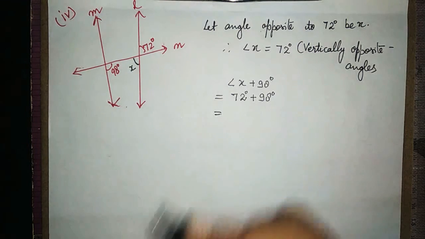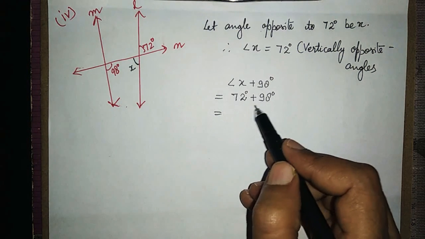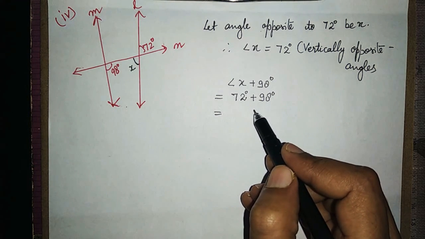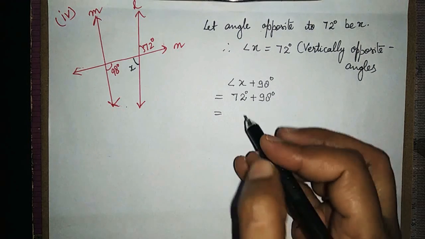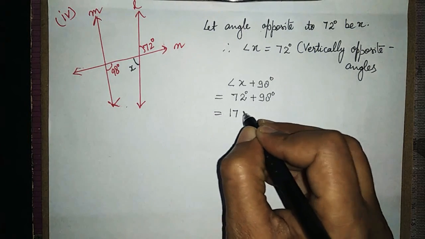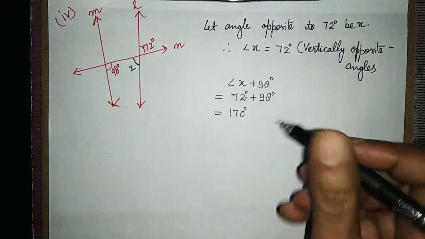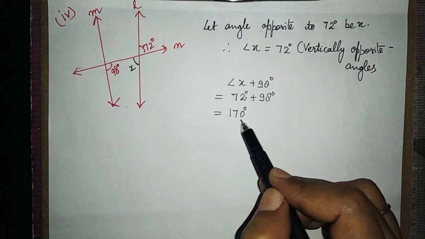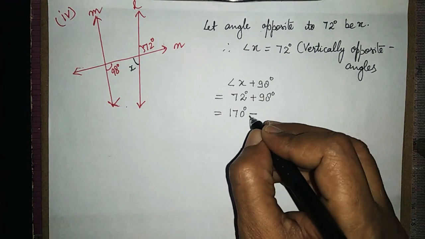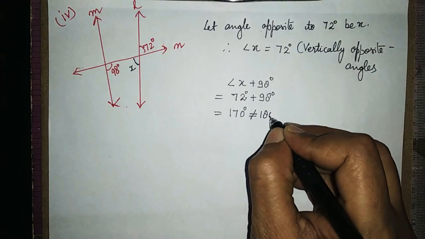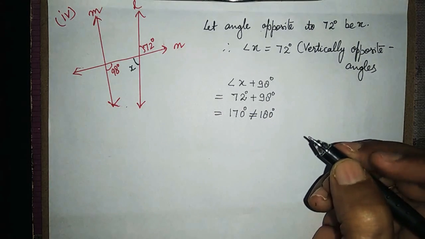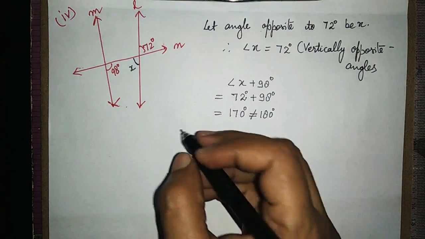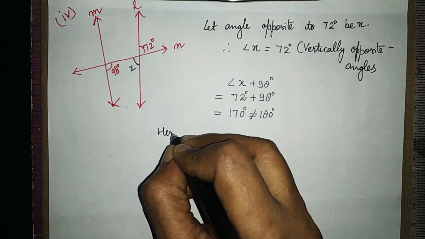After adding 72 degree and 98 degree, here we are getting 170 degree. And here we can see sum is not coming equal to 180 degree. Okay.